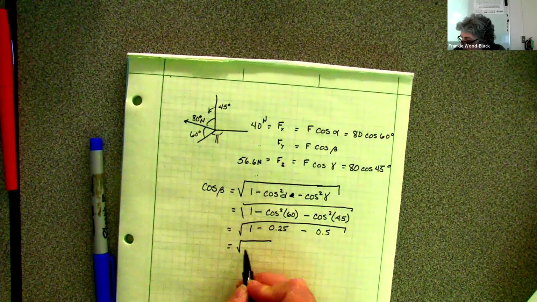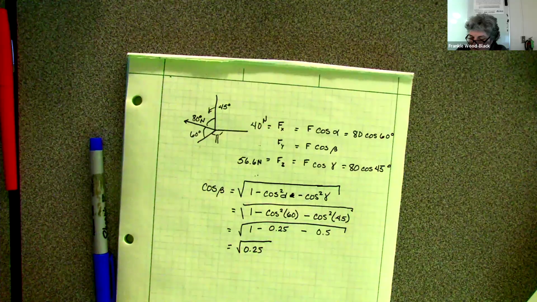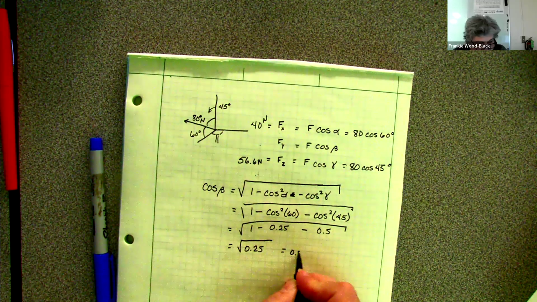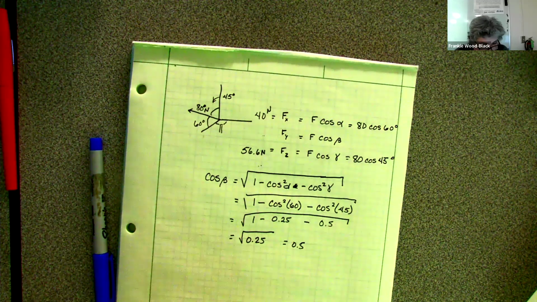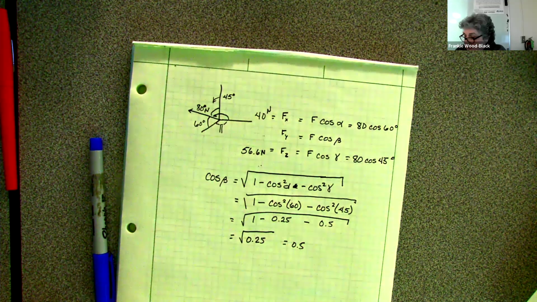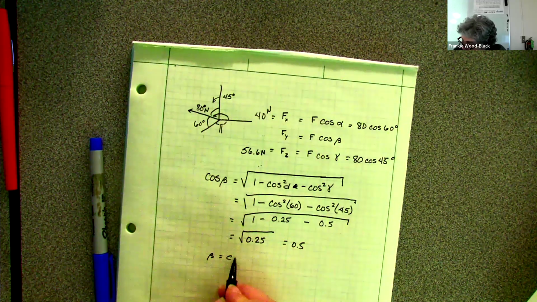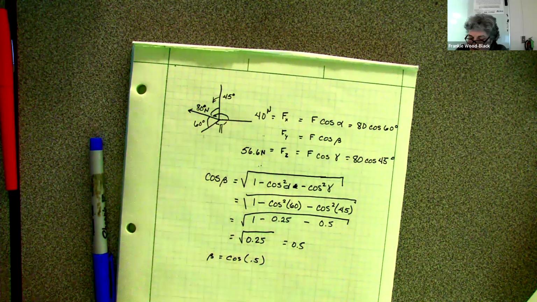So it's going to be the square root of 0.25. That's going to equal 0.5. And given our picture, because that's the thing that we've got to do, I've got beta is equal to cosine inverse of 0.5.